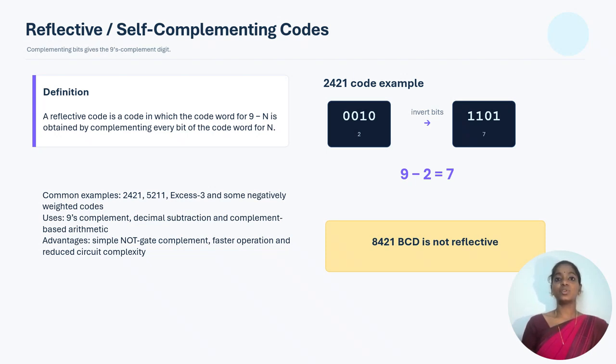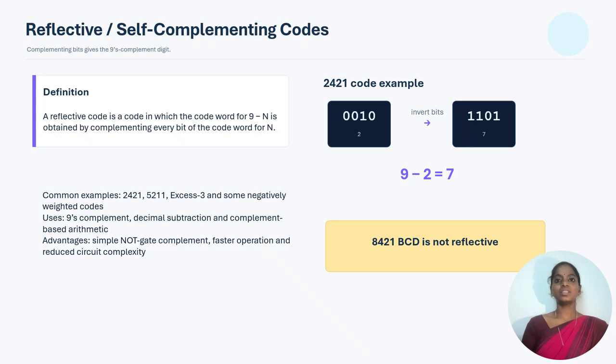But 8421 BCD code is not reflective because complementing its code word does not produce the code for the nine's complement digit. Reflective code is used in finding the nine's complement, decimal subtractions, complement-based arithmetic, decimal code conversions, etc. And then advantages of reflective codes.